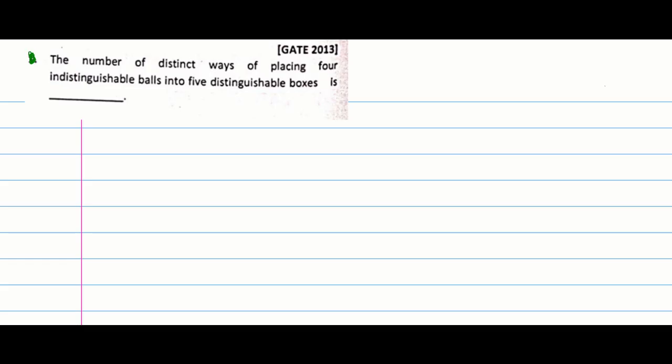There are total 10 questions here, so let's start. The number of distinct ways of placing 4 indistinguishable particles into 5 distinguishable boxes.